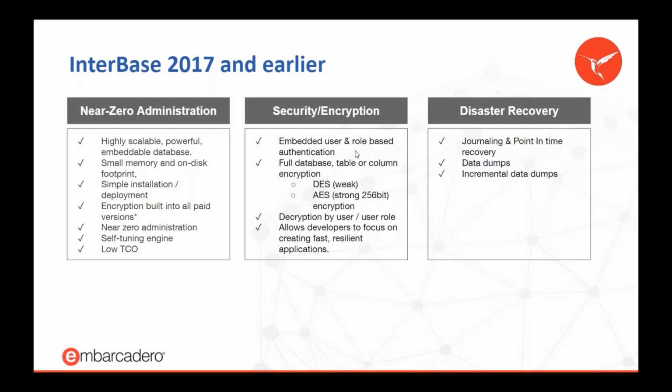Now, do remember that InterBase online and incremental data dumps are not a one-to-one relation, it's one-to-many. So you can have multiple mirrors, and each one of these mirrors can be used as a read-only database for your applications.